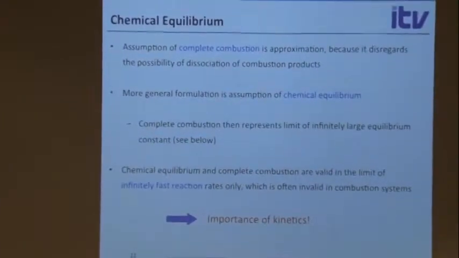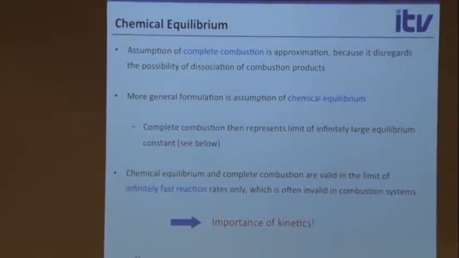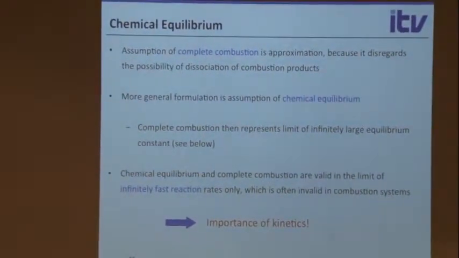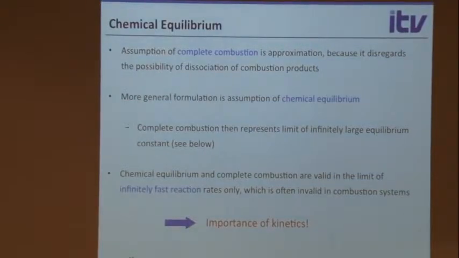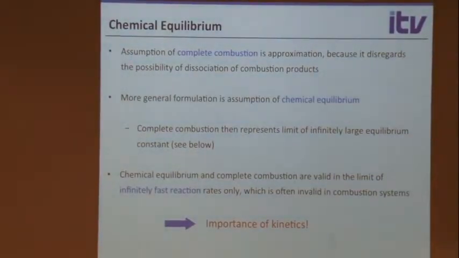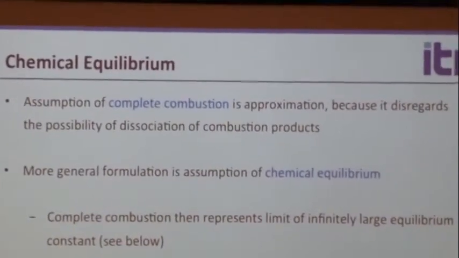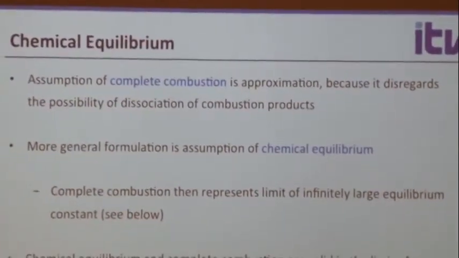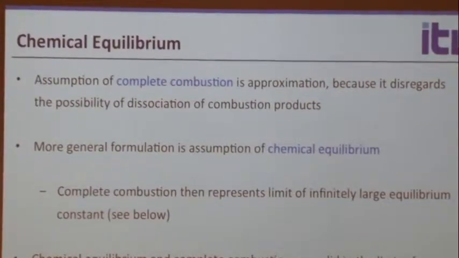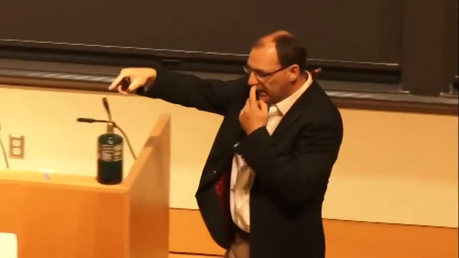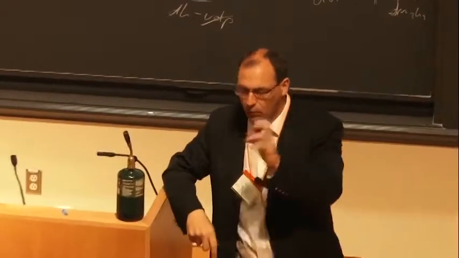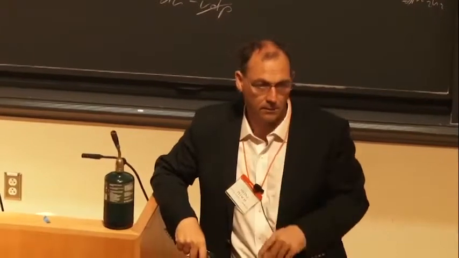The assumption of complete combustion is an approximation, as I just said. In reality, you go to chemical equilibrium. Sometimes, as I said, you go very quickly to equilibrium, and sometimes it takes just forever, okay? In a flame like this, many species, many reactions are actually at equilibrium. If I light this thing, they're almost exactly at their equilibrium value.